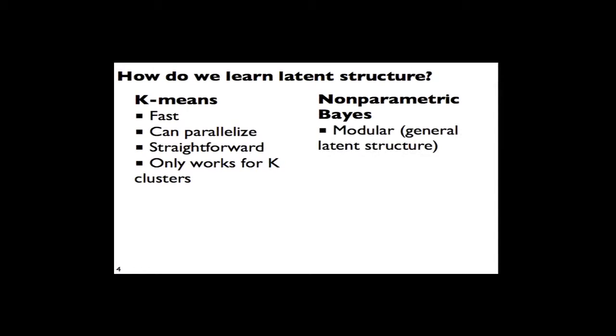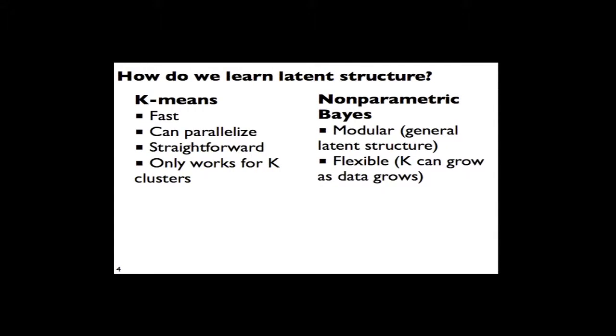The potential advantages of these models are, one, they're modular. So I can build up these general latent structures that I've talked about so far. In fact, I can build up other ones that are combinations of these different latent structures. They're flexible.